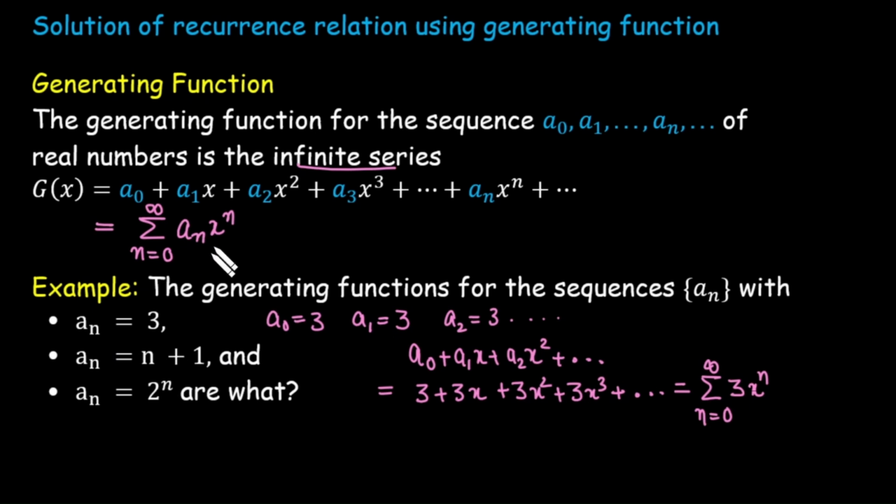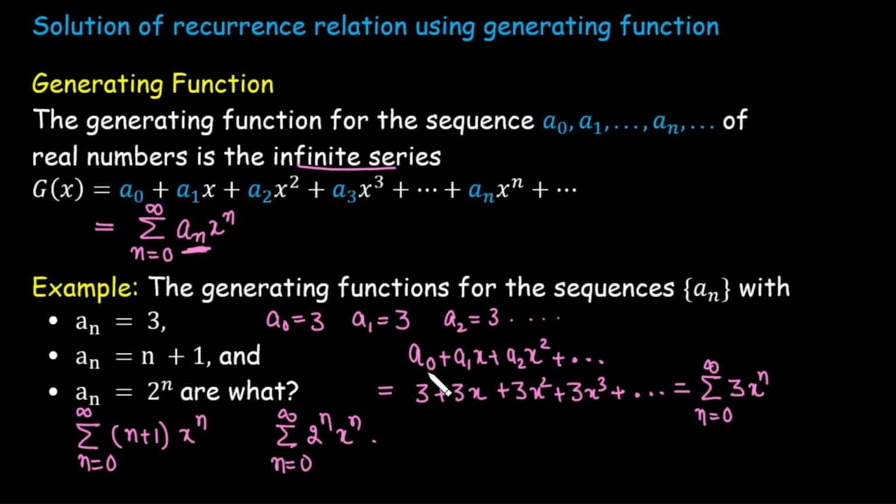For the second case, we can directly plug in the value of an. So the generating function for the second case is summation n from 0 to infinity of n plus 1 times x raised to power n. And the generating function for the third case is summation n from 0 to infinity, where an is replaced by 2 raised to power n, into x raised to power n.